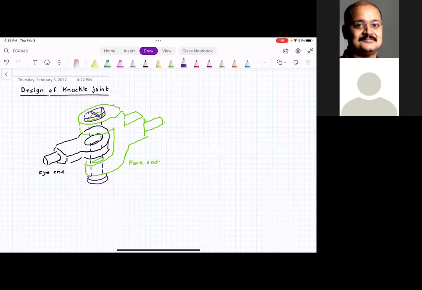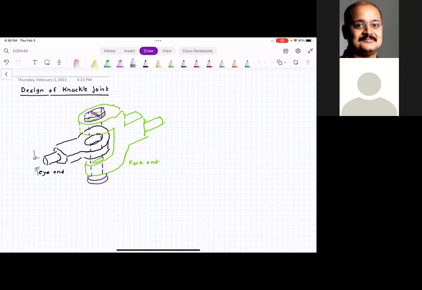So what we want to do is design the important dimensions of this knuckle joint. And just like in last class, I'm gonna give you a step-by-step recipe to design the knuckle joint. Let me identify some important dimensions.